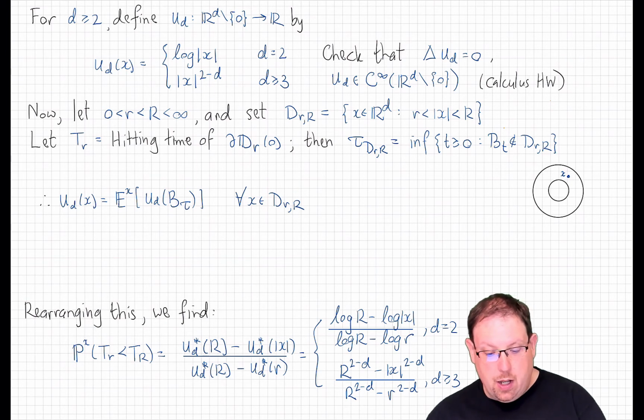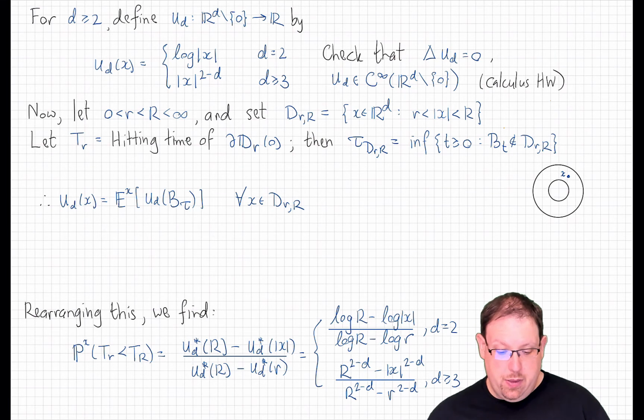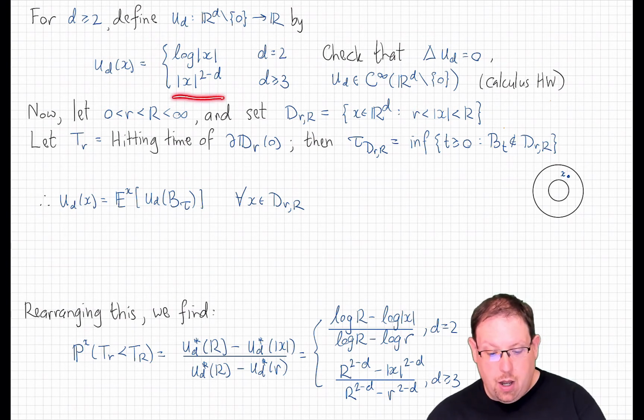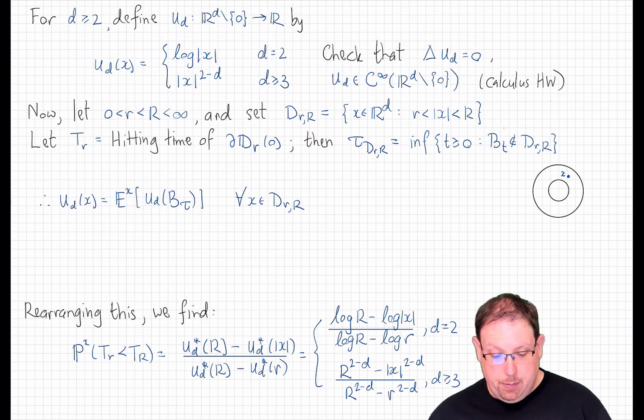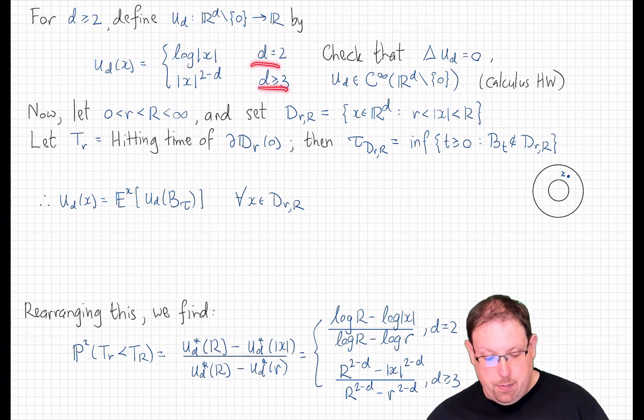These functions are not defined at x equals 0. They're only defined on Euclidean space with the origin removed. But they're clearly C infinity everywhere except for 0. And from a basic calculus exercise, you can and should check that these are harmonic functions. Their Laplacian is equal to 0 in the appropriate dimension.